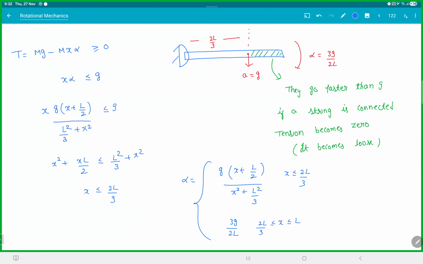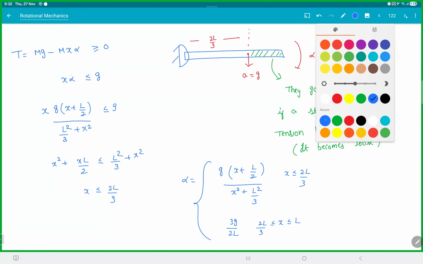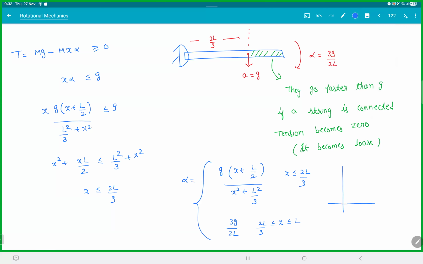They might not ask you to solve all this. They might ask you a simple question like, at what point should the block be connected so that the acceleration is independent of x? And if at all they ask you for a graph between alpha and x, so if you connect the string at 0, it will not affect the problem, 3g by 2L.